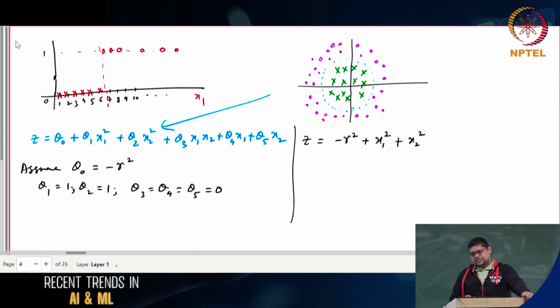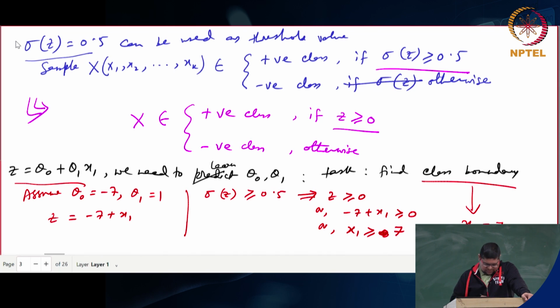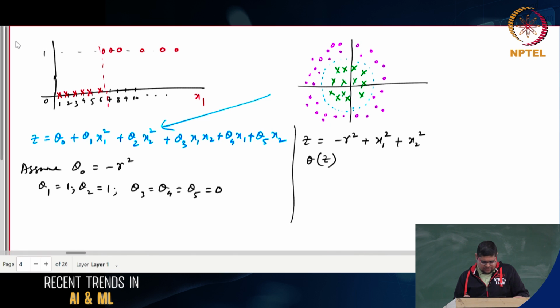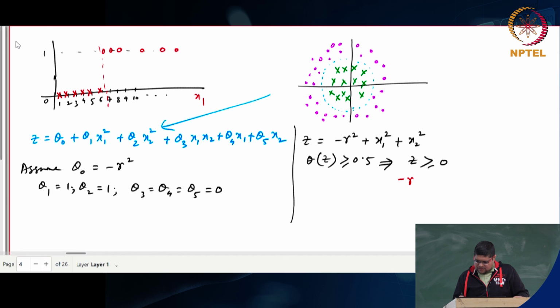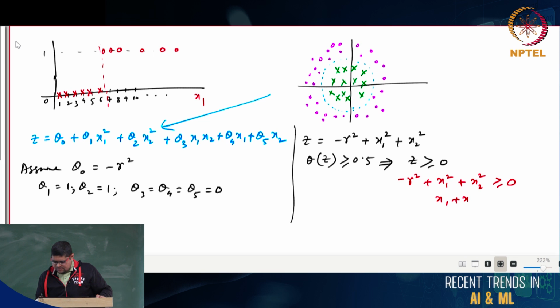What we know for the positive class, we will use the same rule: sigmoid of z greater than or equal to 0.5 is the positive class. What does it mean? z greater than or equal to 0. That means minus r square plus x1 square plus x2 square greater than or equal to 0, right? So in other terms, x1 square plus x2 square greater than or equal to r square.